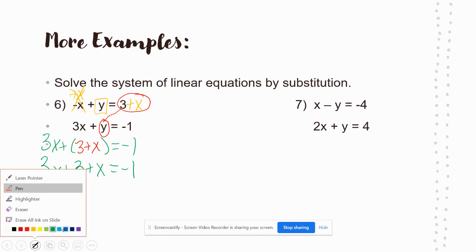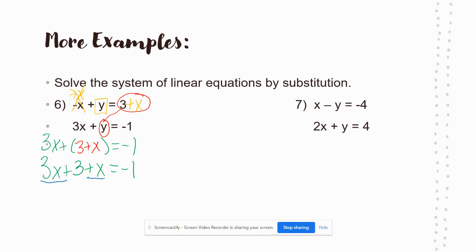My like terms, 3x plus 1x is 4x. To get x alone, we're going to subtract the 3 to the other side. That adds to 0. 4x is equal to negative 4. The opposite of multiplying by 4 is dividing by 4. Negative 4 divided by 4 is negative 1.